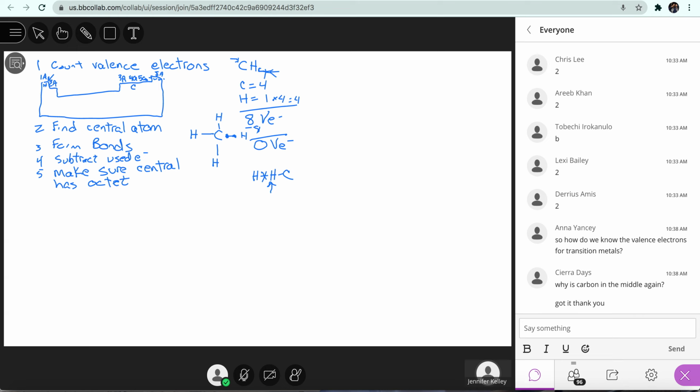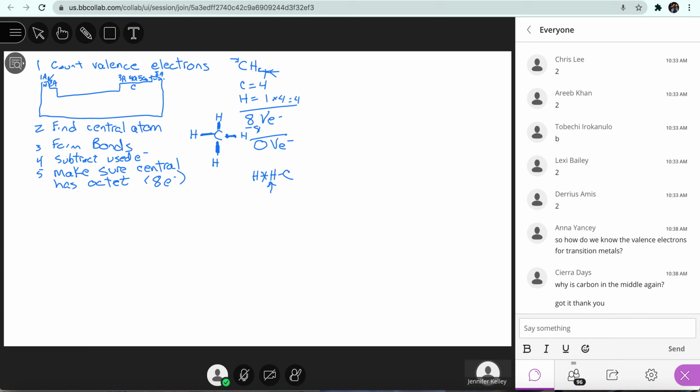So we're going to make sure the central atom has an octet. An octet just means 8 electrons. So counting around carbon, we've got 2, 4, 6, 8. So in this case, we're finished because carbon has an octet. All of our electrons are used.